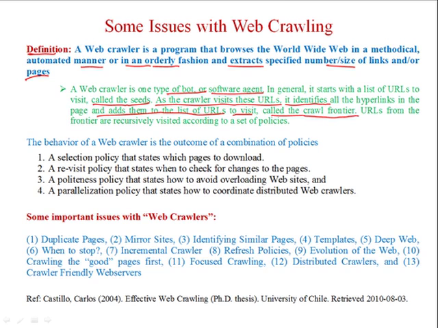For example, suppose I start with a seed like artificial neural network. Then suppose we get a page, and this page contains some URLs, 1, 2, 3 and so on.